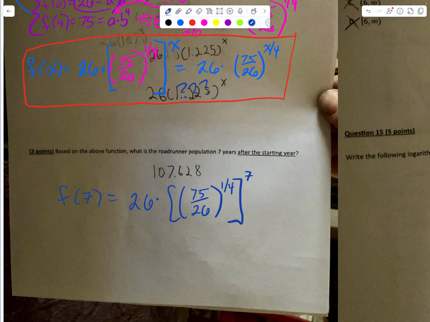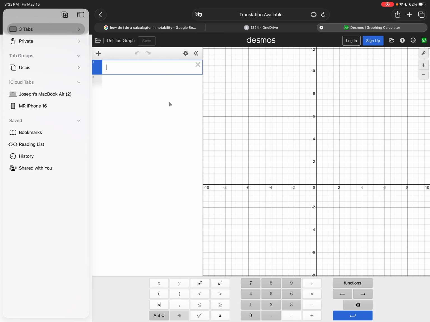There you go. If you want to simplify this, you could say 7/4. There you go. What was it? 26 times 75 over 26. There.